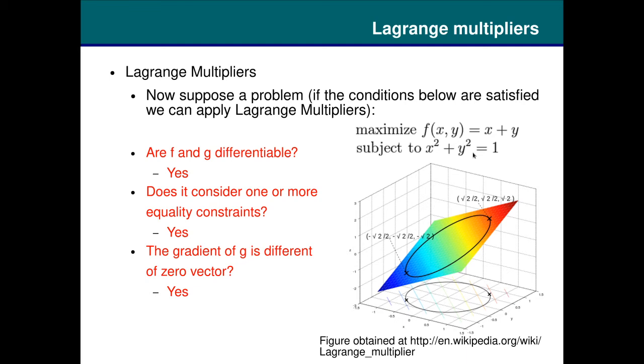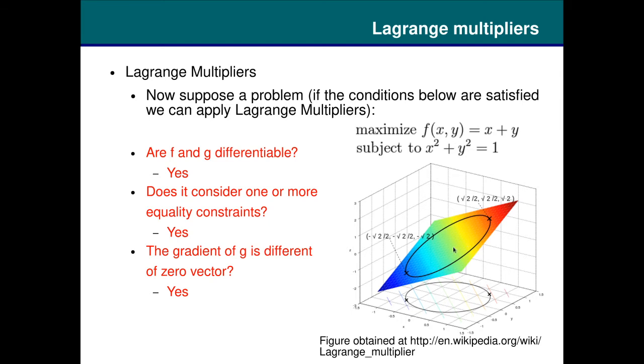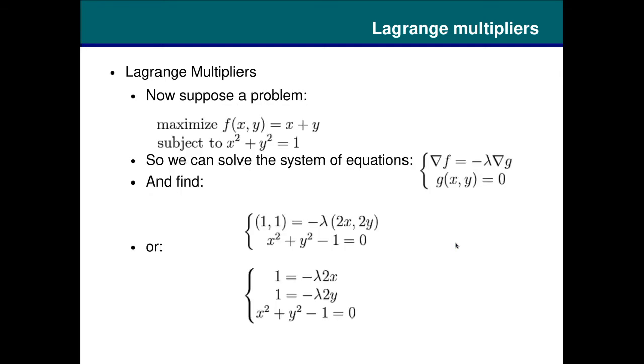We can discuss that later. I'm going to show you some references for that. Let's solve this problem. How can I solve it? I should basically take my problem. My problem is in here. Maximize this optimization function x plus y, which is illustrated by the surface, subject to this constraint.